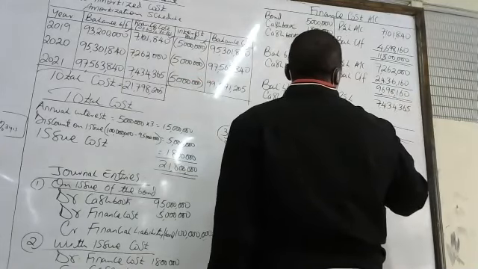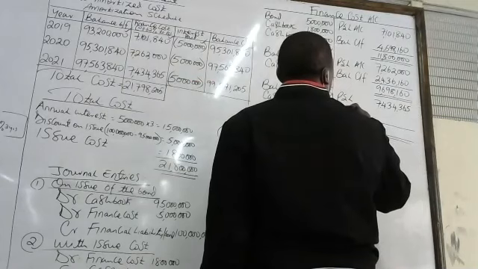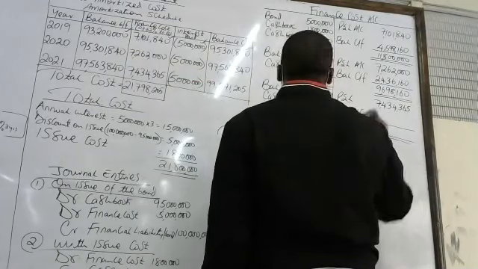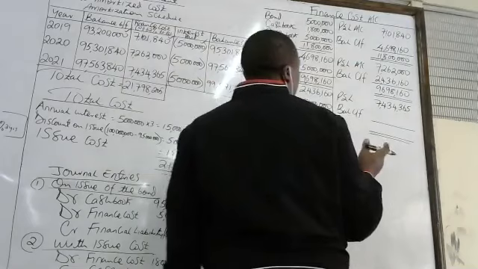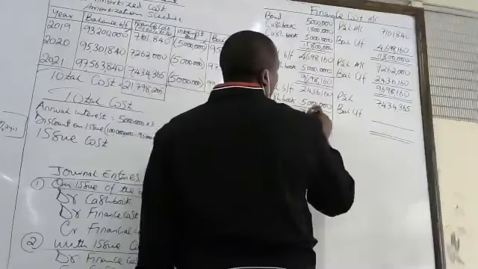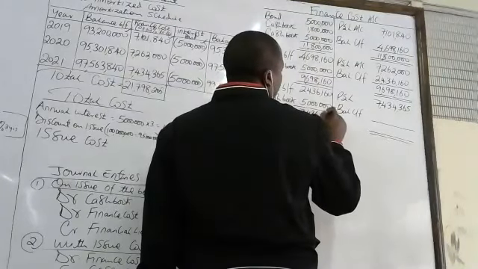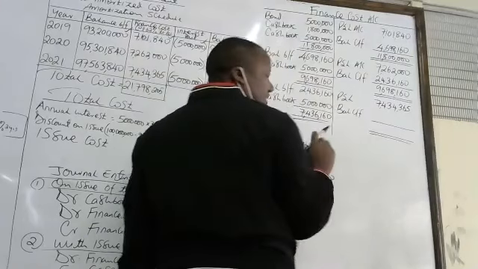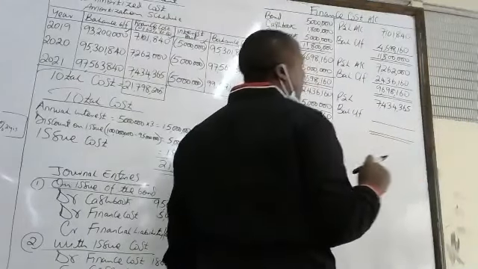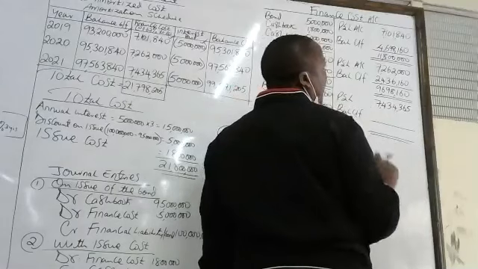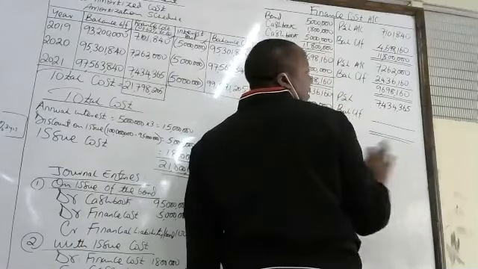That's it, and you should have a zero balance. But as you can see, this is 74,96,160. There is a slight difference. It's due to rounding. If you do it exactly, you will get the right thing.